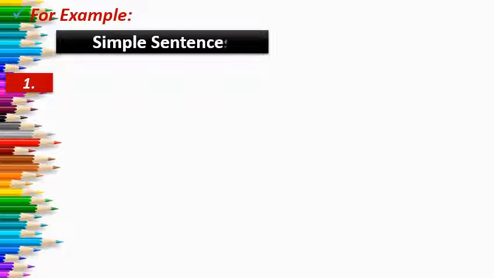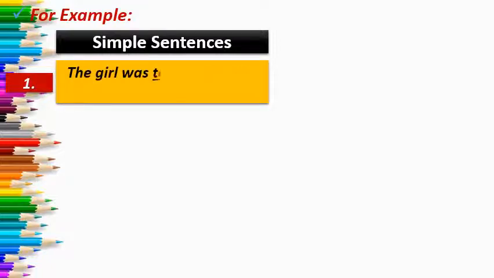If you are getting a simple sentence, for example, the girl was too clever to be taught. As you can see, this sentence has just one clause and therefore it is a simple sentence. The number of clauses in a sentence is equal to the number of finite verbs.